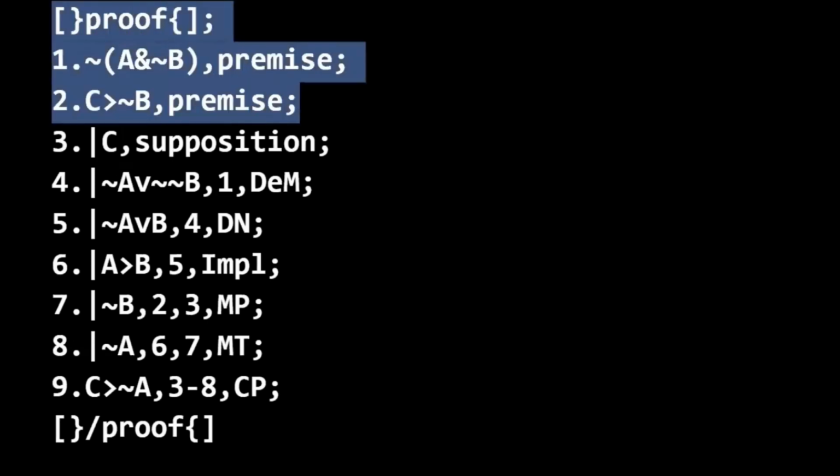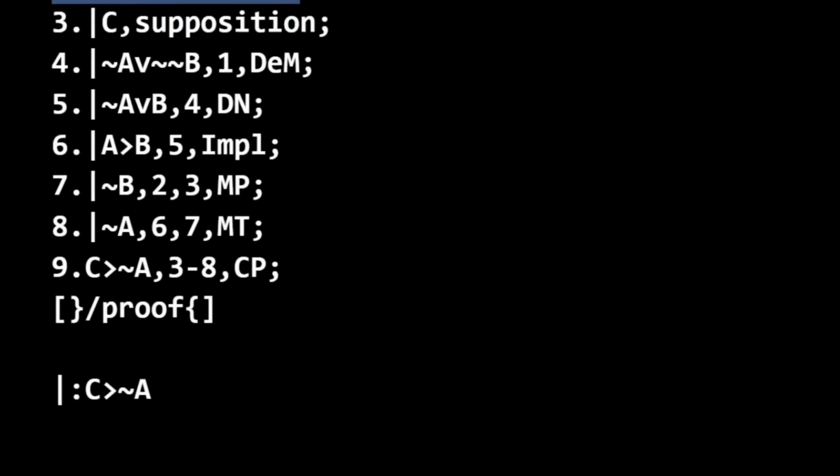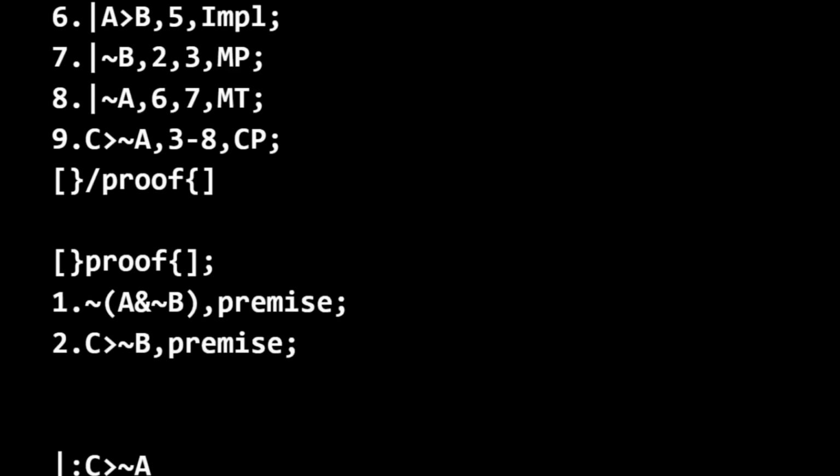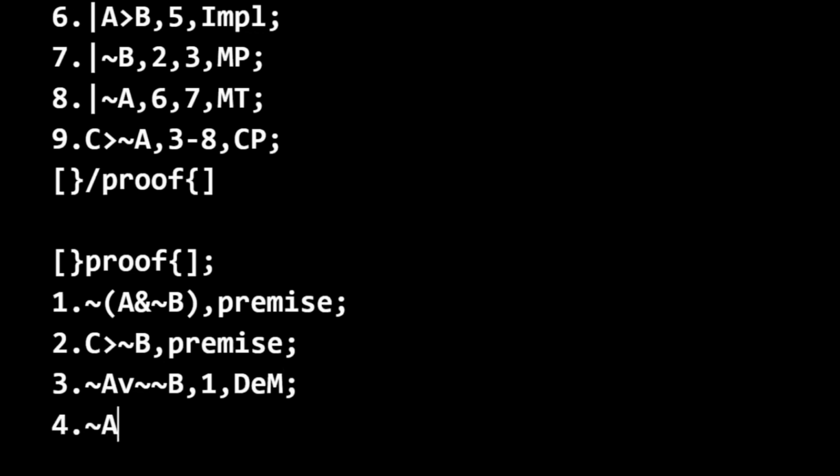So what we could do here is something very similar, but in line 3 we could do De Morgan from line 1. In line 4, we could do double negation on line 3.